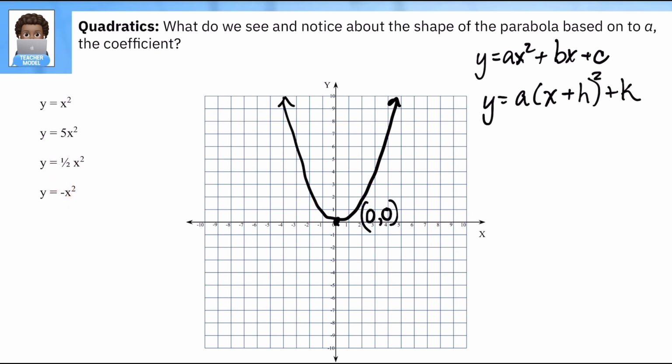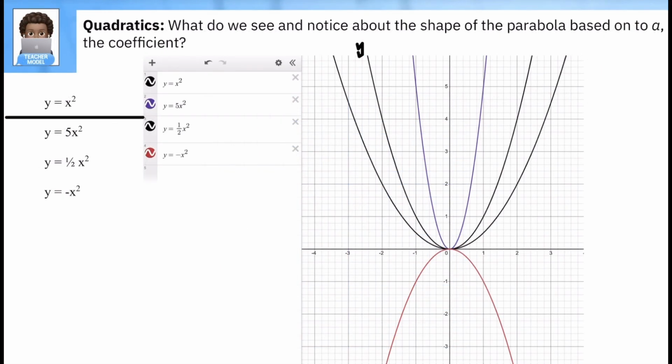So base, then when a is more than 1, when a is less than 1, and when a is negative. All right, so let's take a look at what happens with each change. We have our base, and that's just our regular graph.